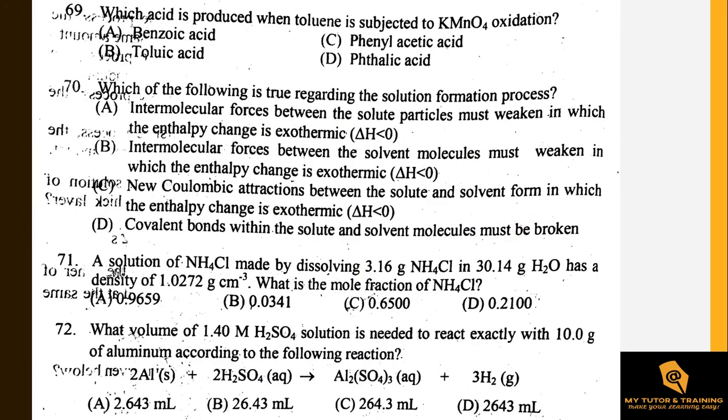Question number 69. Which acid is produced when toluene is subject to potassium permanganate oxidation? By the way, one of the methods to produce aromatic organic acids is exposing toluene to potassium permanganate. When toluene is oxidized, it is converted into benzoic acid.